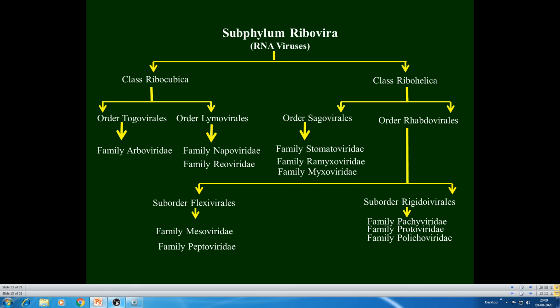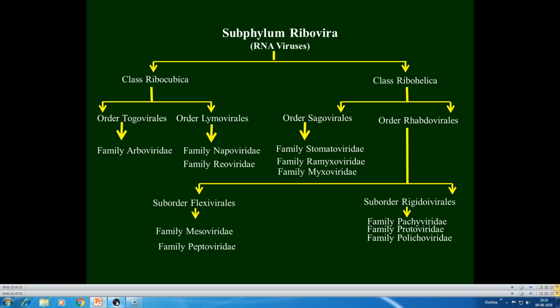Sagovirales has three families: Stomatoviridae, Paramyxoviridae, and Myxoviridae. Order Rabidovirales has two suborders, suborder Flexivirales and suborder Rigidovirales.